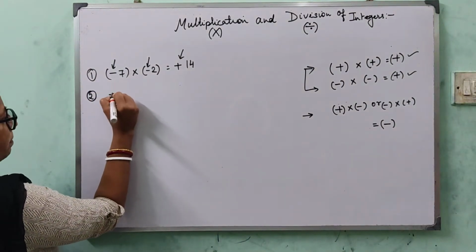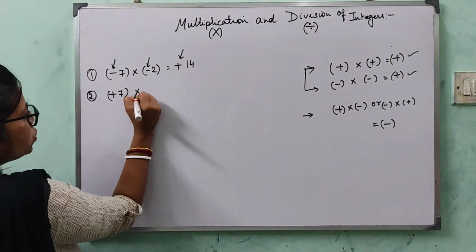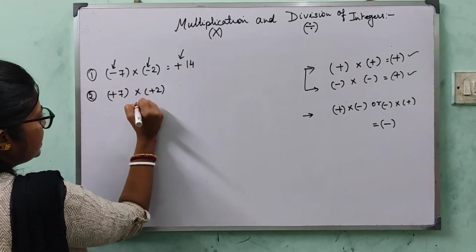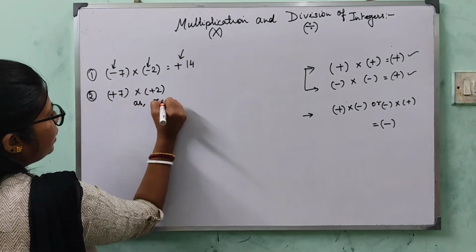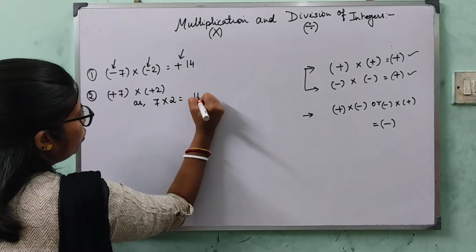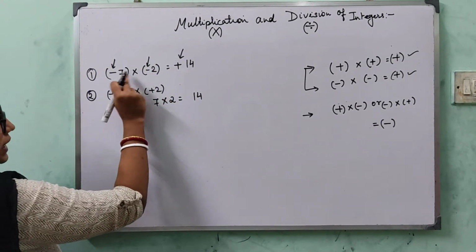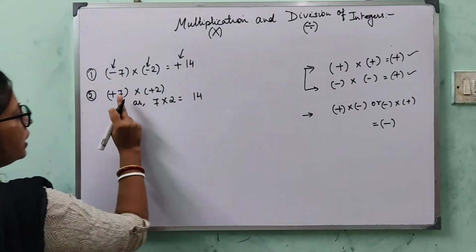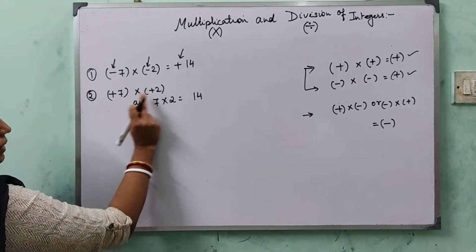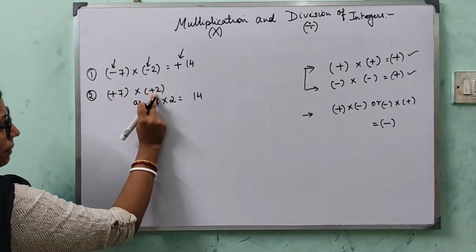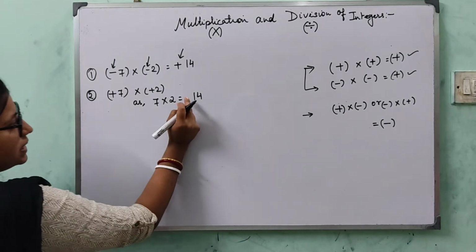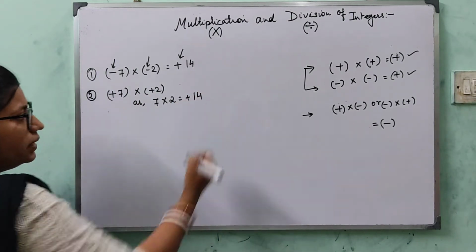If you have plus 7 into plus 2, that is, I can write it as 7 into 2, this is equal to 14. So you can see the product of two negative numbers is a positive number. Here, product of two positive numbers, so plus sign into a plus sign, you get a plus sign, or simply you can write 14.